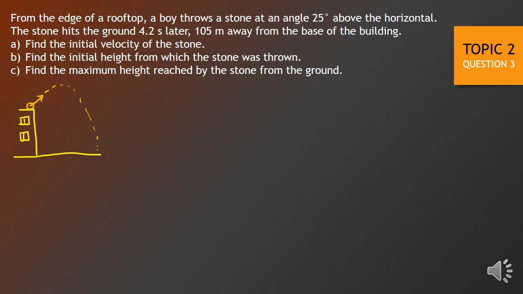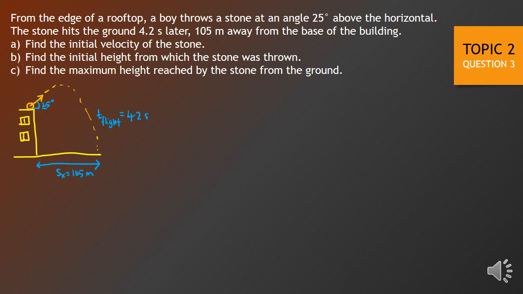So the angle from the horizontal is 25 degrees, and then the time of flight is equal to 4.2 seconds, and then it lands 105 meters away from the base of the building. So this is our Sx. Okay, horizontal displacement 105 meters.